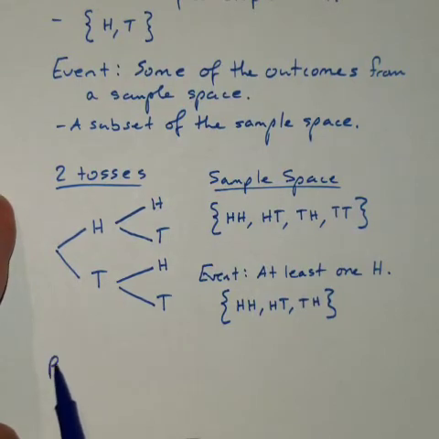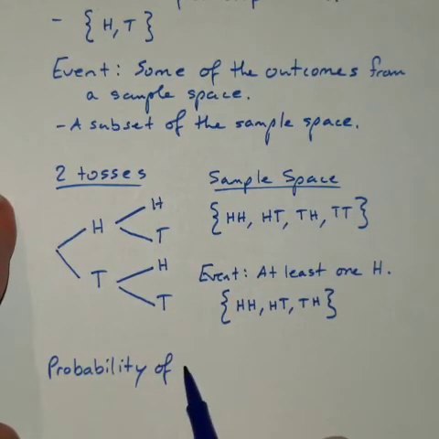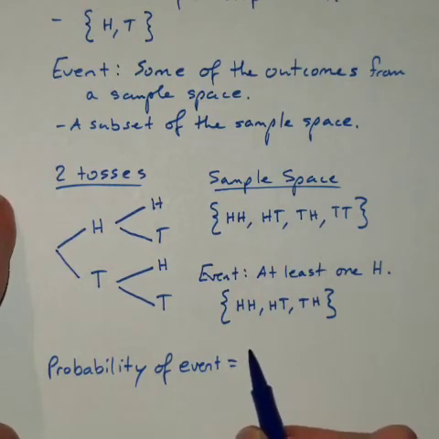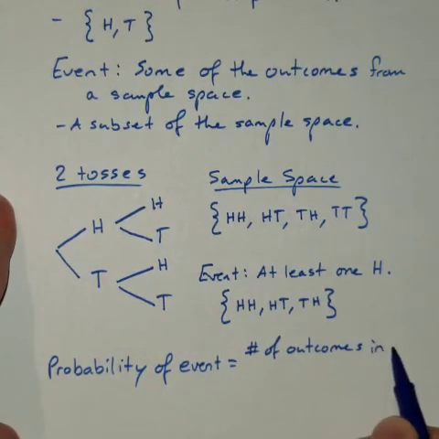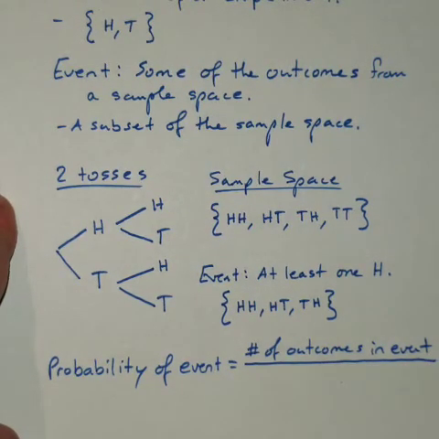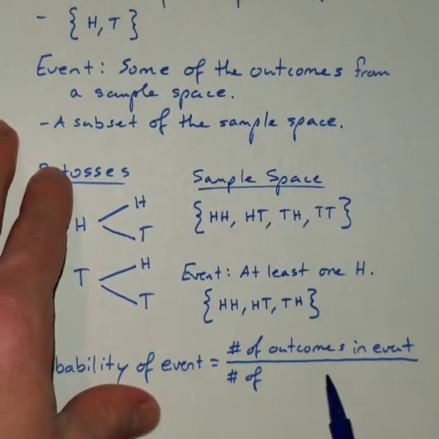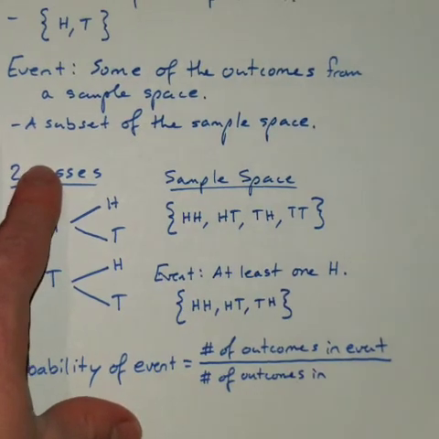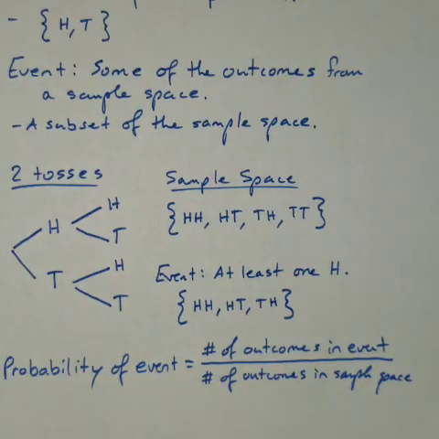The probability of an event is equal to the number of outcomes in the event divided by the number of outcomes in the sample space. So the total number of outcomes, right?